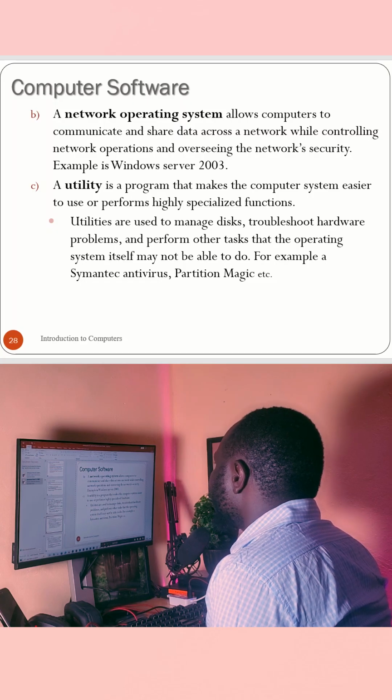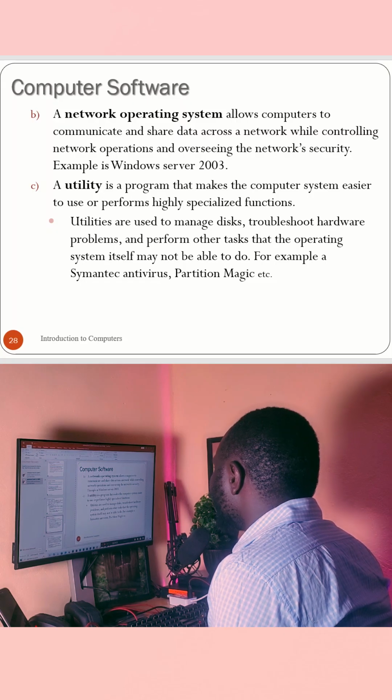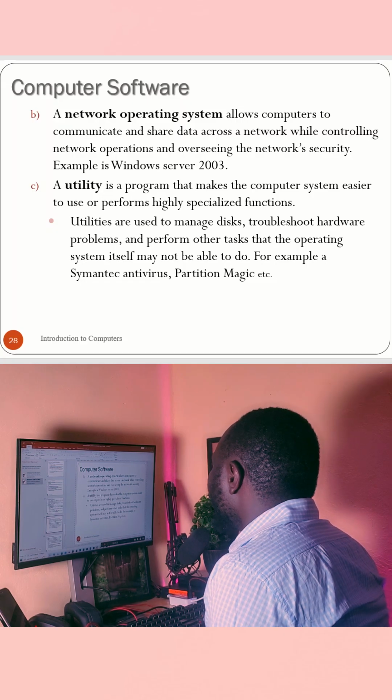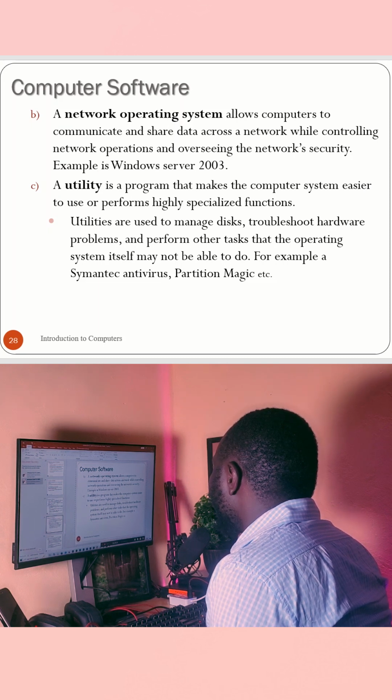Then lastly, under system software, we have what you call a utility program. A utility is a program that makes the computer system easier to use or perform highly specialized functions. Utility software is used to manage disks, troubleshoot hardware problems, and perform other tasks that an operating system itself may not be able to do.